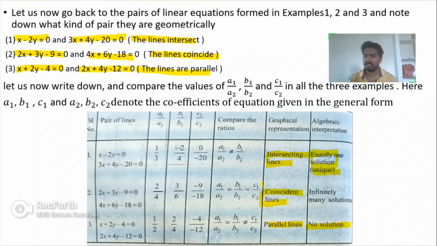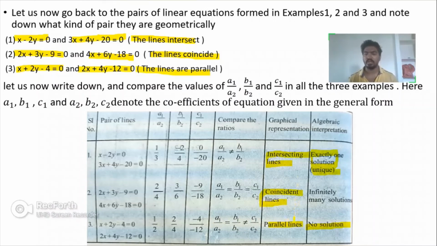If a1 by a2 equal to b1 by b2 is equal to c1 by c2, then these lines are coincident lines. And if a1 by a2 is equal to b1 by b2 but not equal to c1 by c2, then we can clearly say that these line equations are parallel lines.